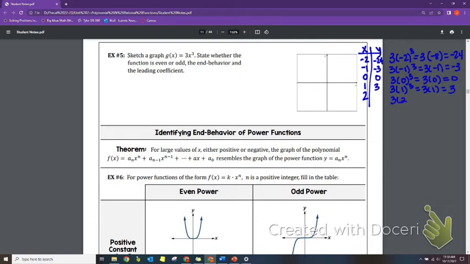And 3 times 2 cubed, 3 times 8, which is positive 24. I'll plot the ones that I can.